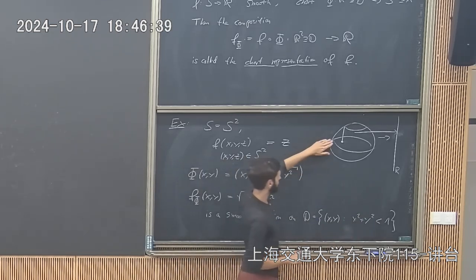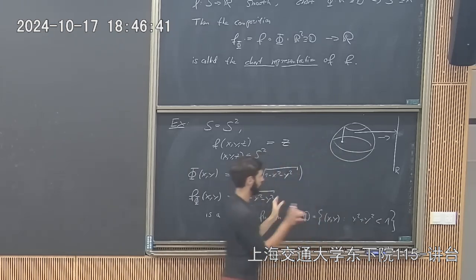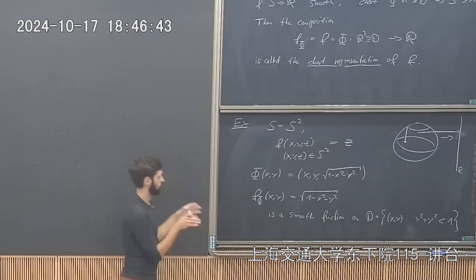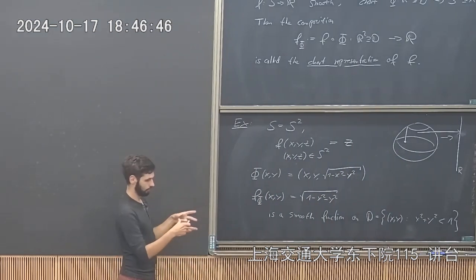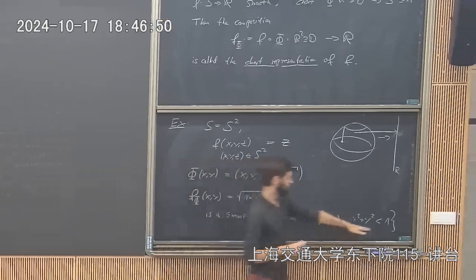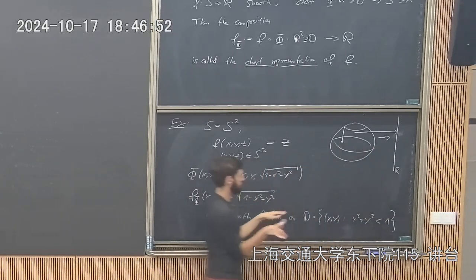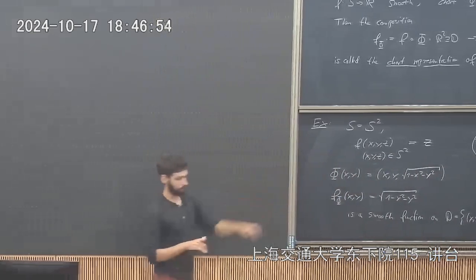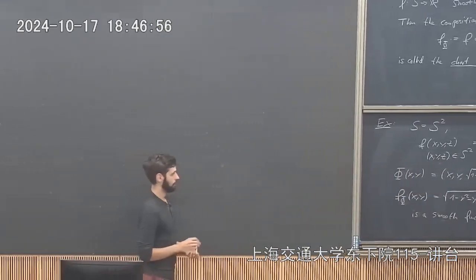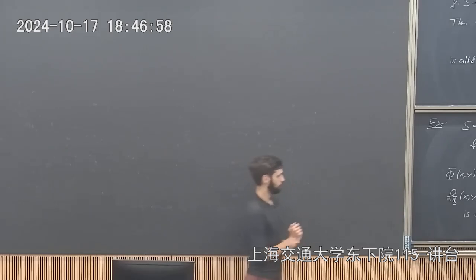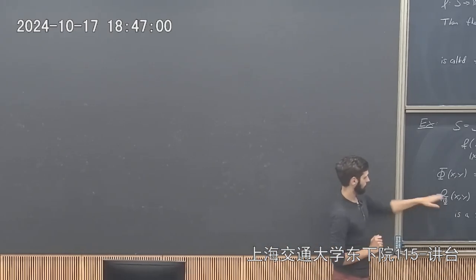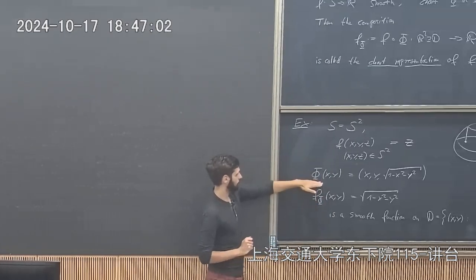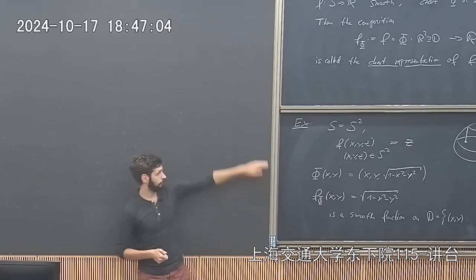So at these points, the equator, so to speak, where z equals 0, you can't take the derivative. But that's the chart representation of that simple function.